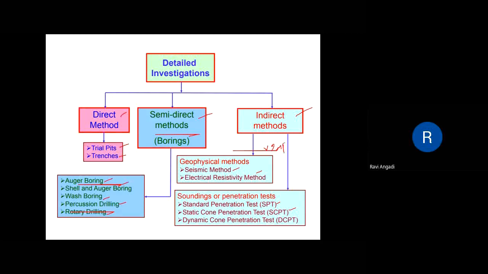Many times the question will be there on geophysical methods. You can make a note of it. They may ask you to explain the geophysical methods, then you may explain the seismic method and electrical resistivity method. The other is sounding or penetration tests, that is the SPT test, SCPT test and DCPT test.